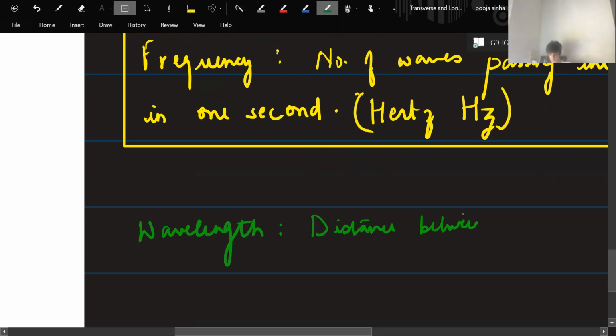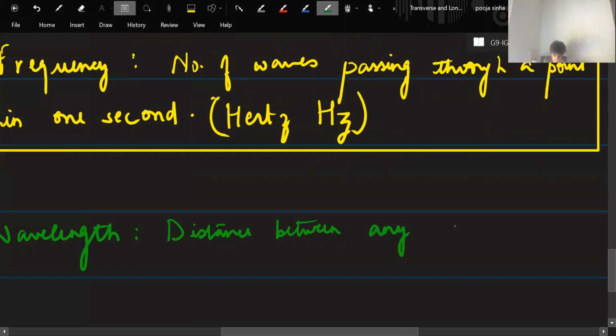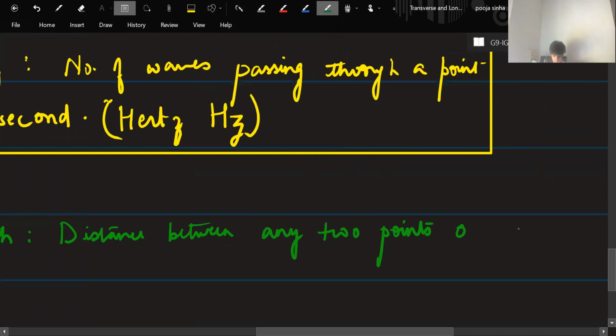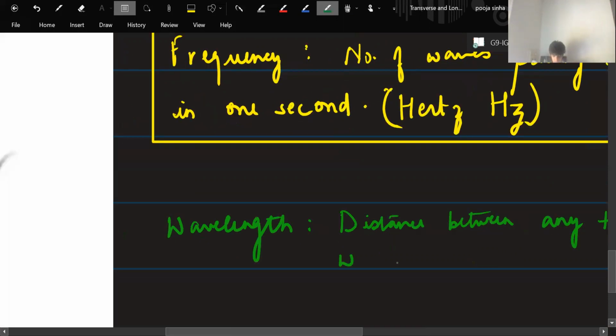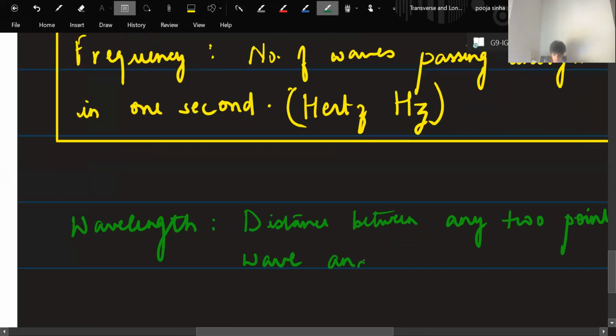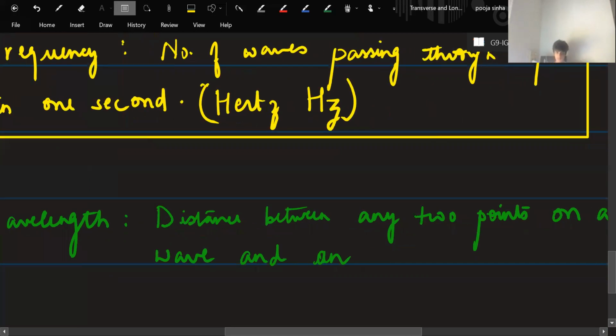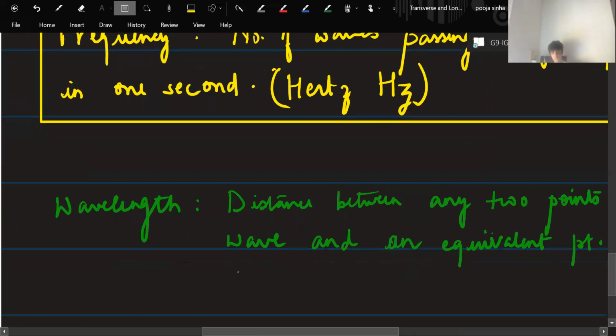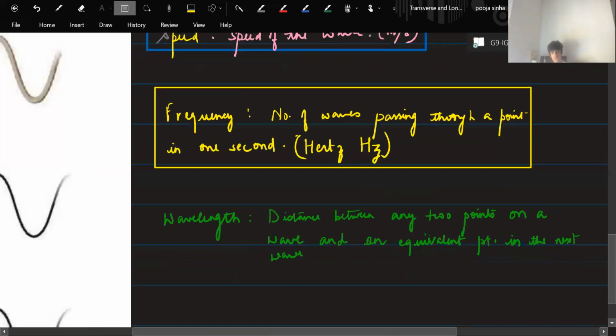Distance between any point on a wave and the equivalent point in the next wave. Clear? Now tell me, what will be its unit?